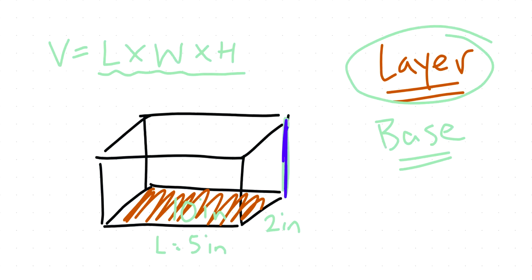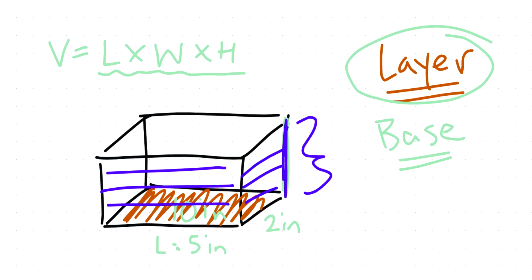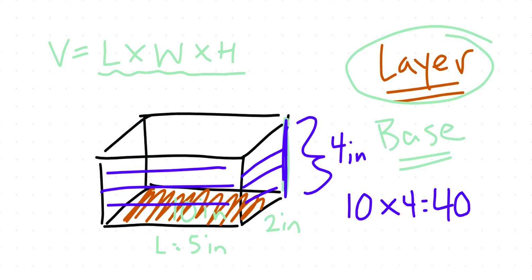What's the height of this shape? Like, how many layers of 10 do we have? Let's say we have 4 inches. So we have a base of 10 times 4 layers, which gives me my total volume of 40 inches cubed.